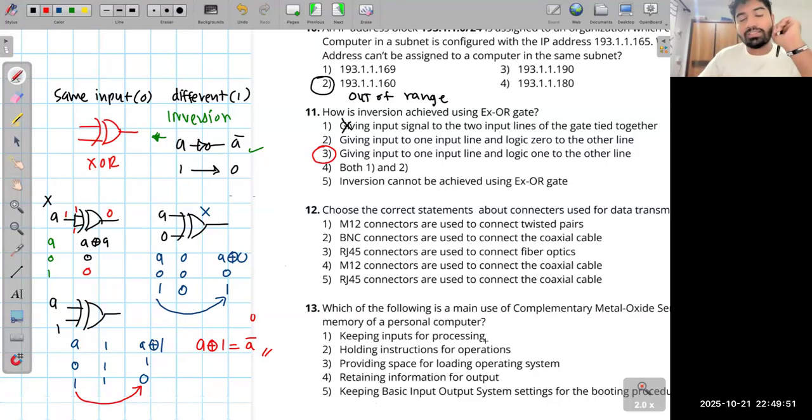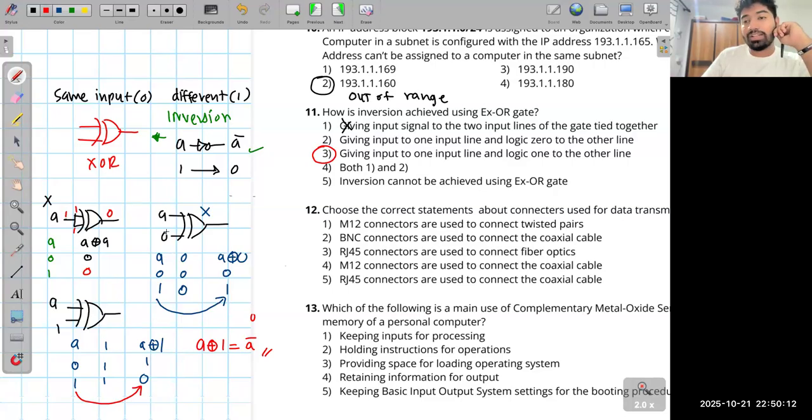Did you get the first one? Are they opposite? It doesn't give you the opposite. If you put 1 and 1, 1 XOR 1 is 0. Okay, the second one: giving one input line and the other input 0.